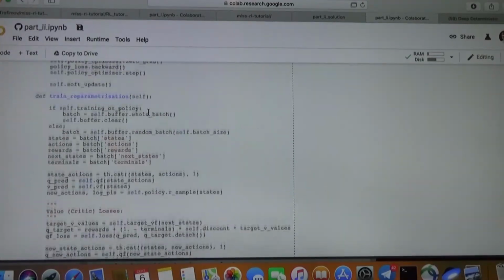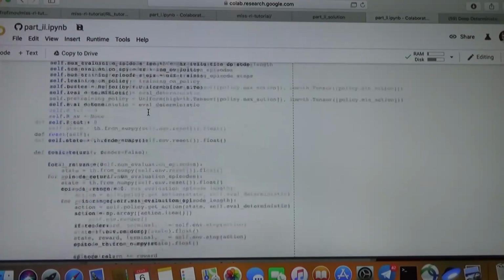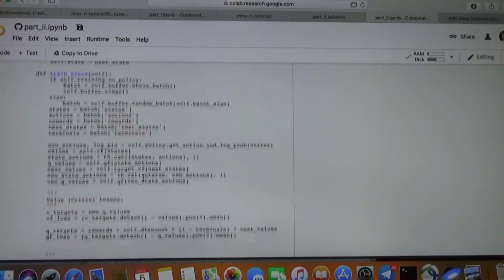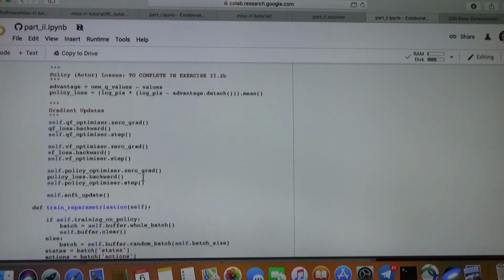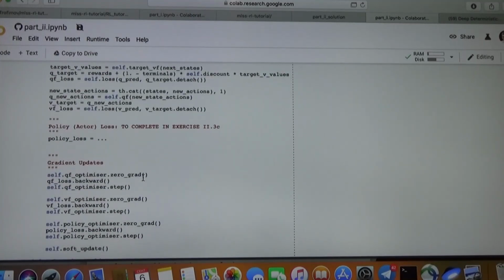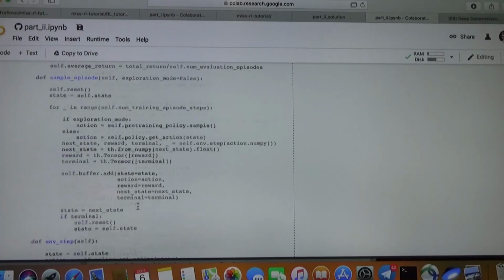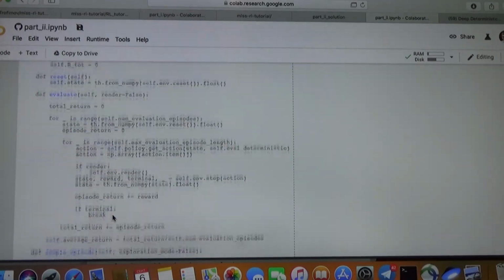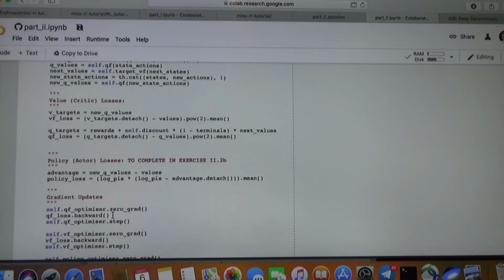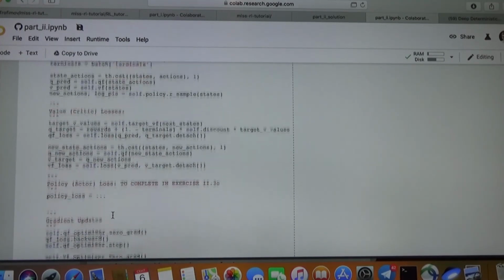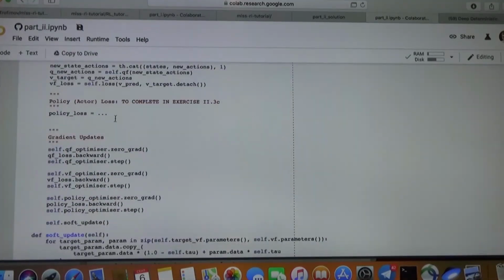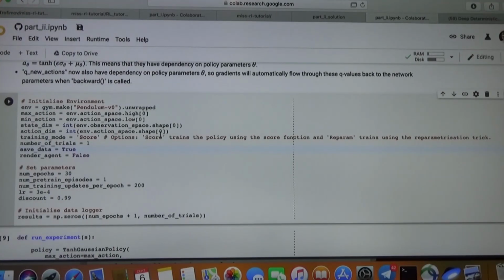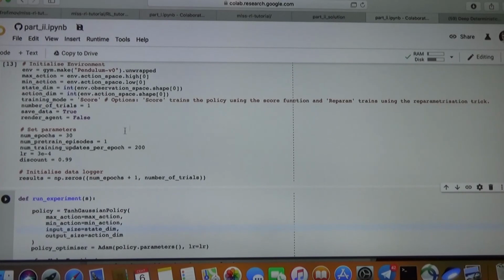I think that I missed something. Let me check it. Maybe run this cell again helps. No, this is another exercise. So I hope that it will run without this line. Probably.